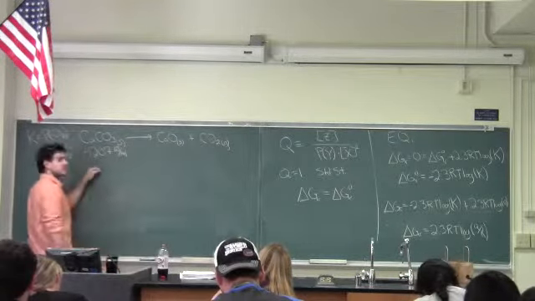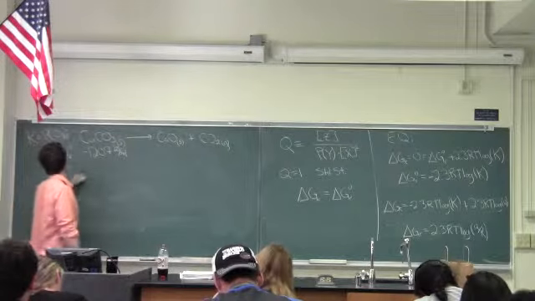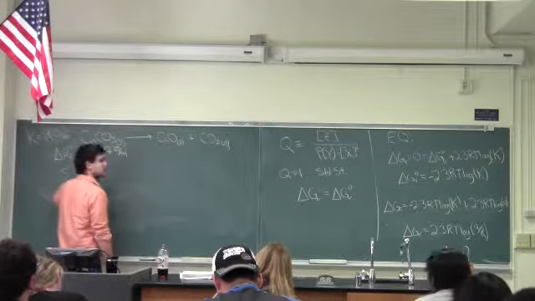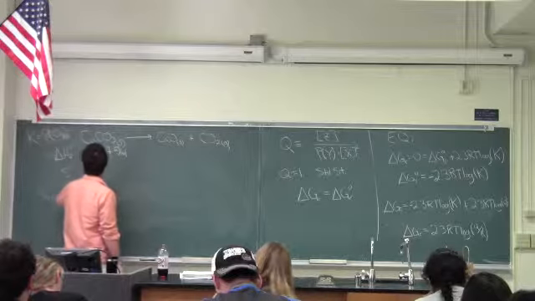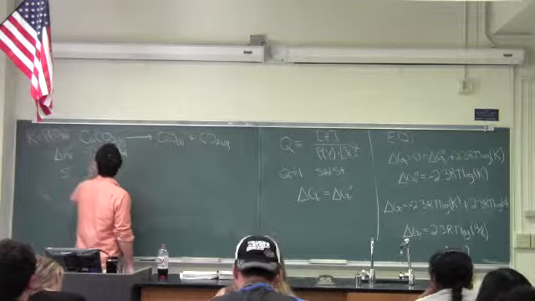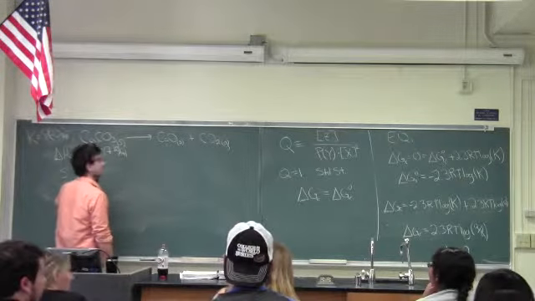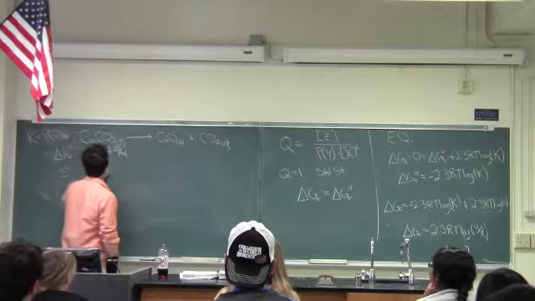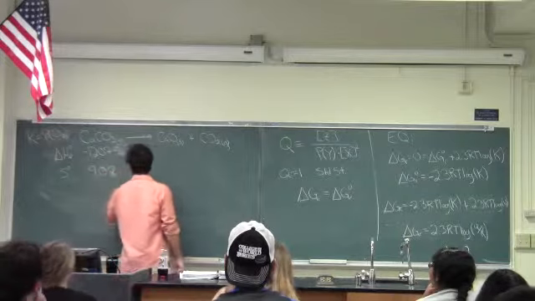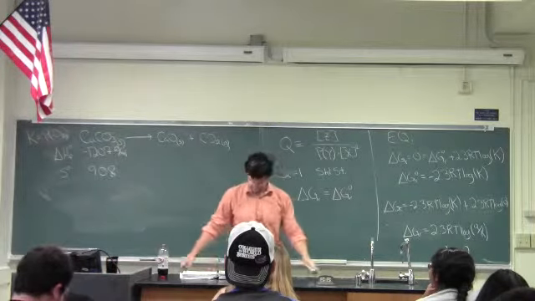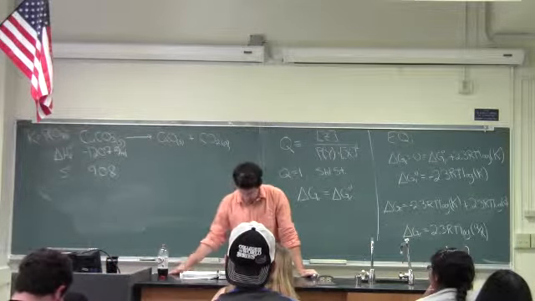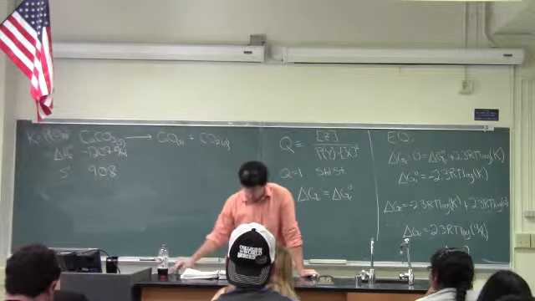And the standard entropy, calcium carbonate? 90.0? 98.0. 9.80. 90.8. 90.8. Great. All right. Now, calcium oxide.